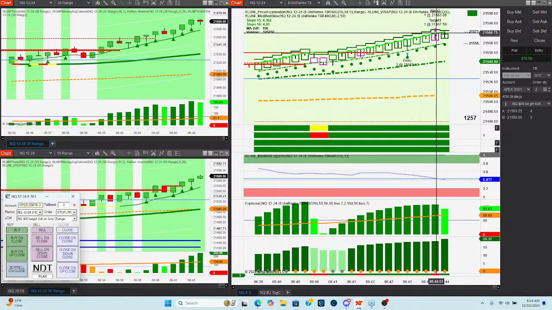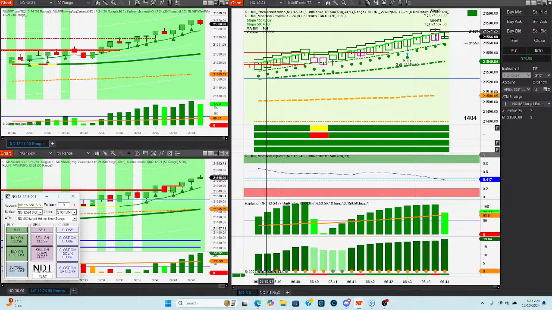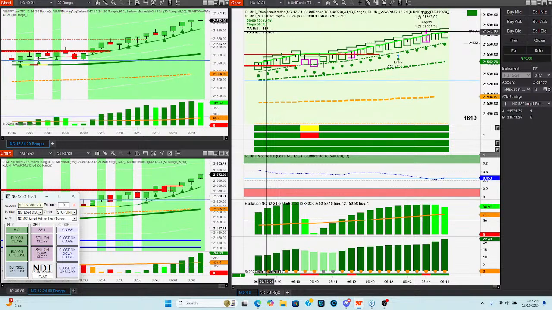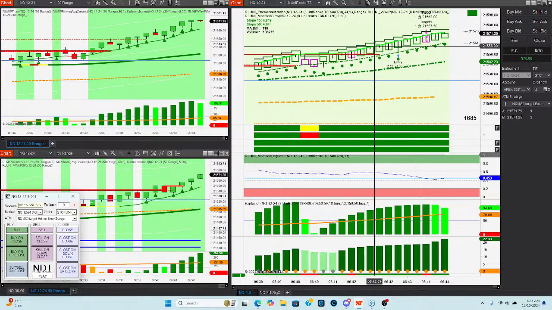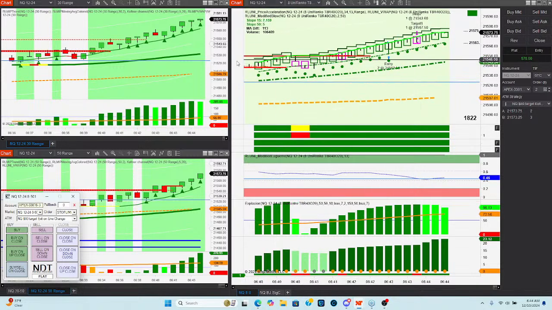This took me out. Now I'm not going to jump back in because the MA diff's a little high. When it gets up to over 100, I start to pull back a little bit. Now it could just take off. I've seen it as high as 140, 150, whatever, and it still runs.